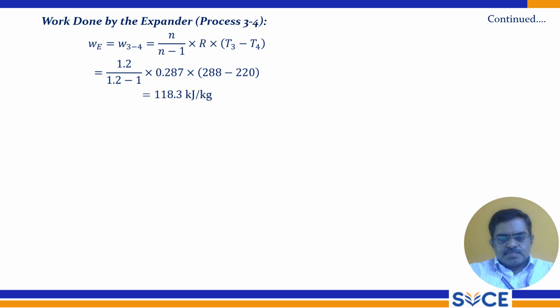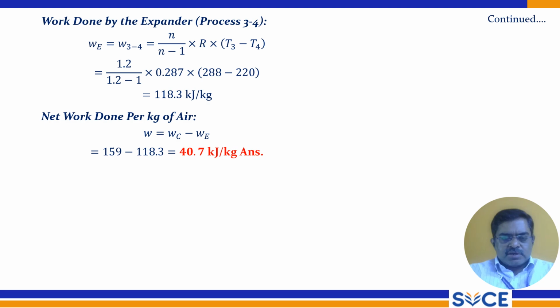So we are getting 118.3 kilojoules per kg. So the net work done per kg of air is equal to the work done during compression minus the work done during expansion, that is 159 minus 118.3, that is 40.7 kilojoules per kg. So this is the answer.